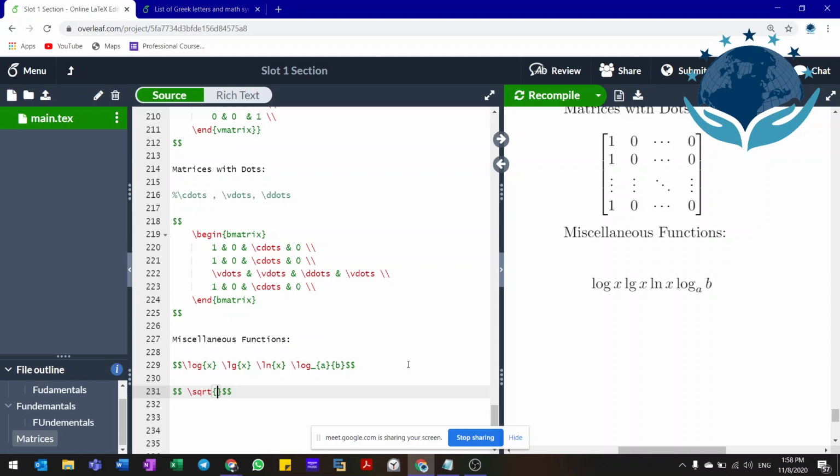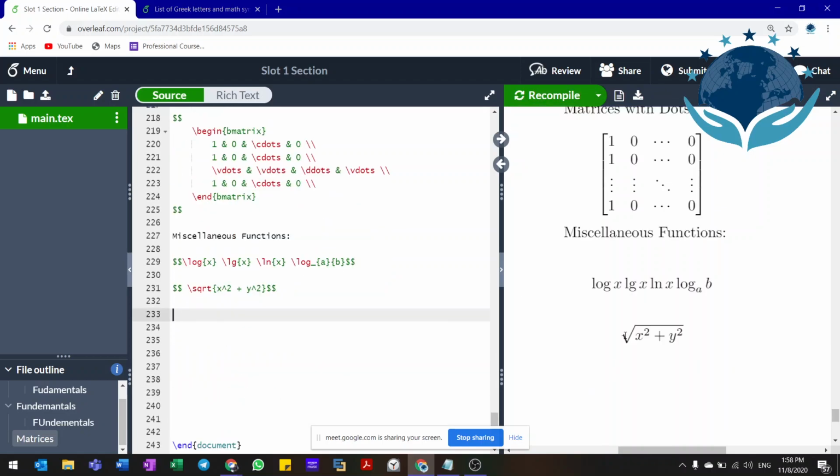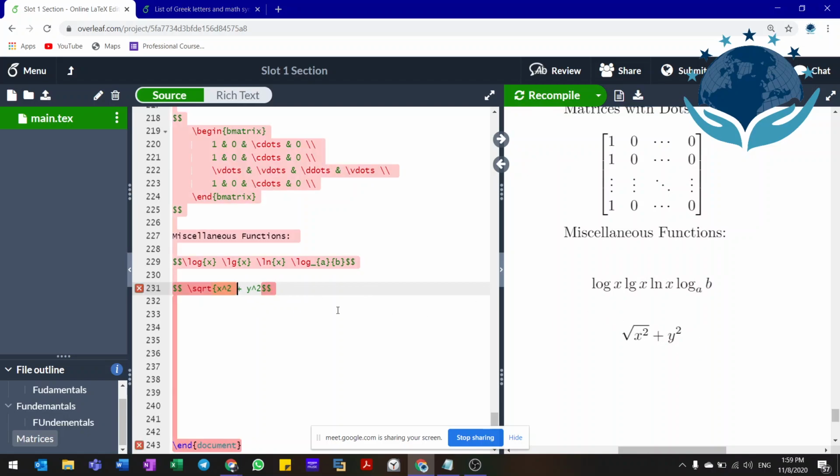So I am going to use the square root of x square plus y square. You can see that the square root has extended to the end. If you use only x square inside, the square root changes. So you have to be very careful about where you are closing the bracket.